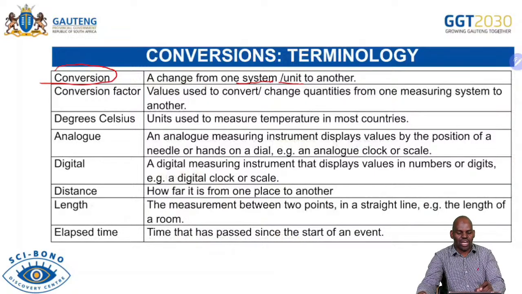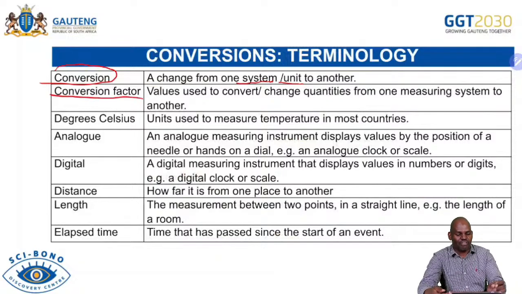You can just say a change from one unit to another. But if you say a change from one system to another, it simply means one system is Imperial, the other one is metric. So just by saying a change from one system to another, that will be enough. Or if you just say a change from one unit to another, that will also be enough.